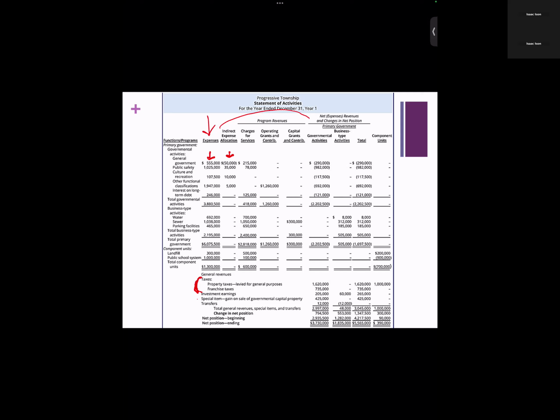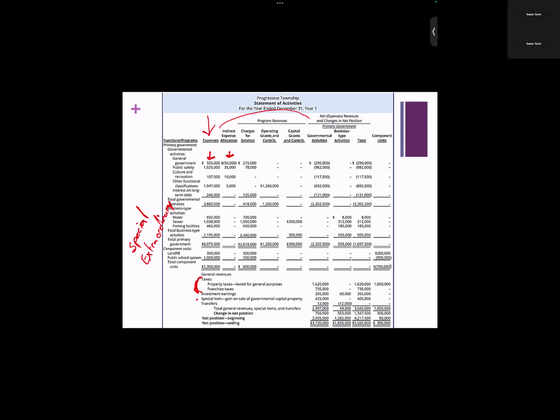And then special items, realize this is something that exists. So we have special items and extraordinary items. Okay, so the way you keep these straight is both of these are unusual or infrequent. Okay, but special items are within our control.